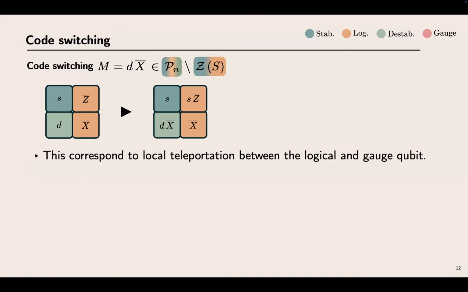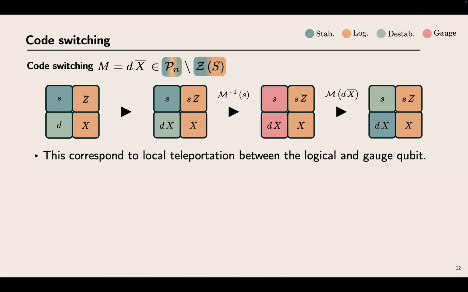And then I can find a new destabilizer for this new code that makes it so that now dx is part of the destabilizer set, right? So when I measure this new operator, I can think about it as a new qubit and then measure back. With this final table, what we see is that the code is actually different from the one we started with. It's actually just local teleportation from the logical qubit that we had to a gauge qubit that we had on the side.